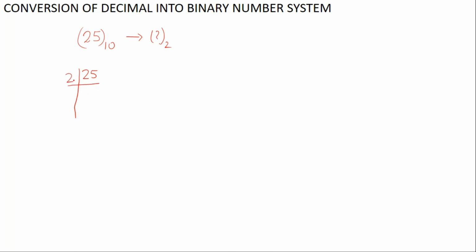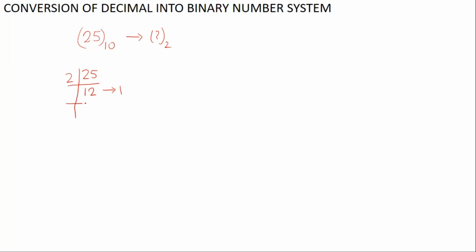So 2 12s are 24, we will get the remainder 1. Okay, we have to keep dividing the decimal number with 2, that means base of the binary number system, and whatever remainder we will get, we have to write this way.